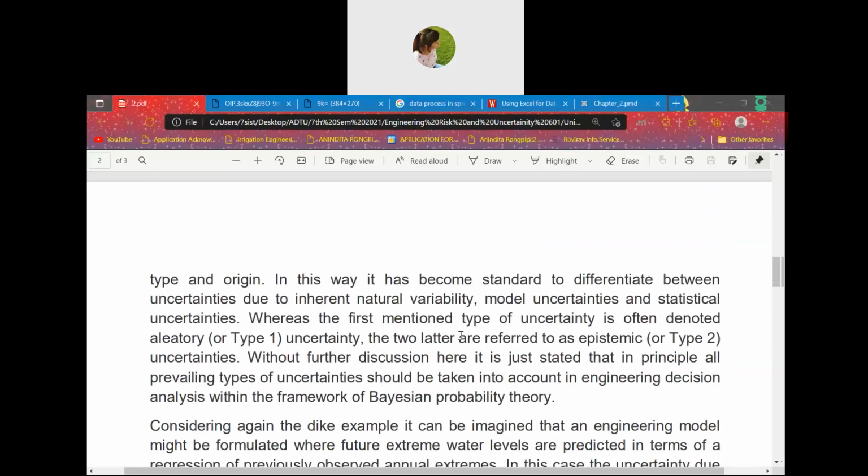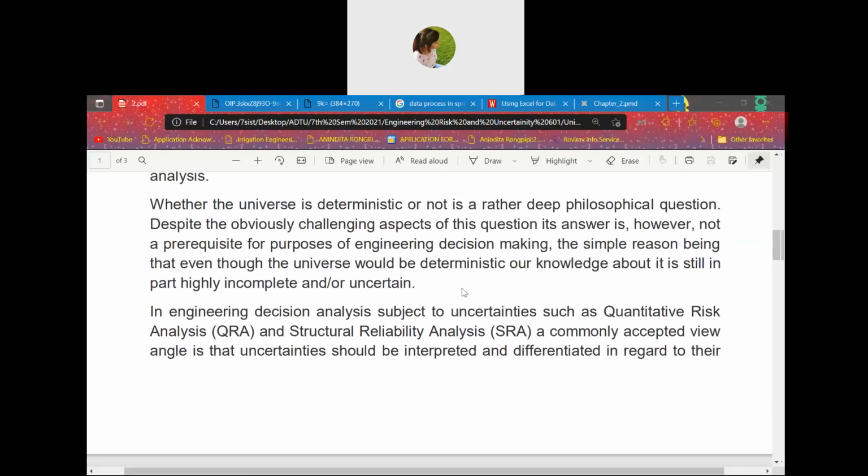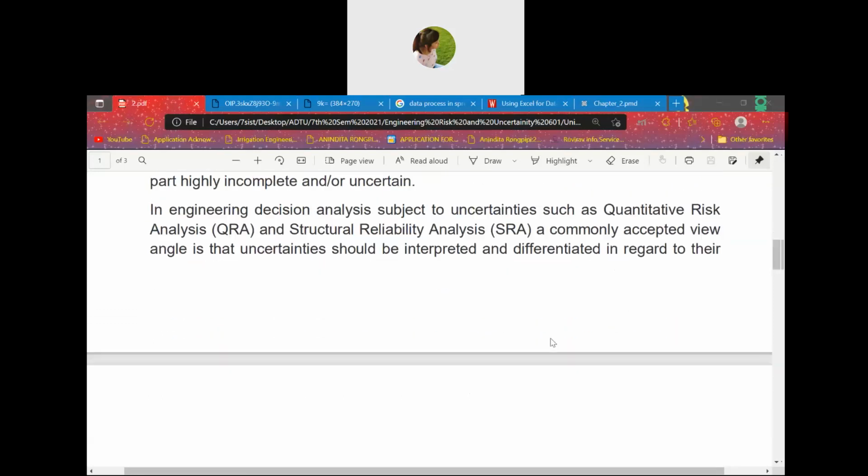So this view angle implies that uncertainties are interpreted and differentiated on the basis of what? On the basis of their type and origin.